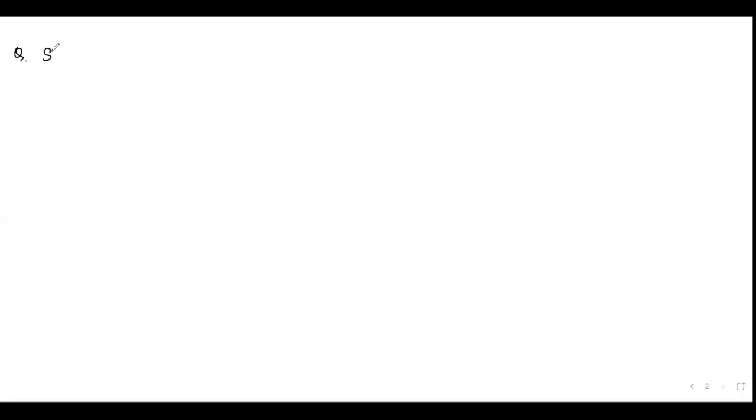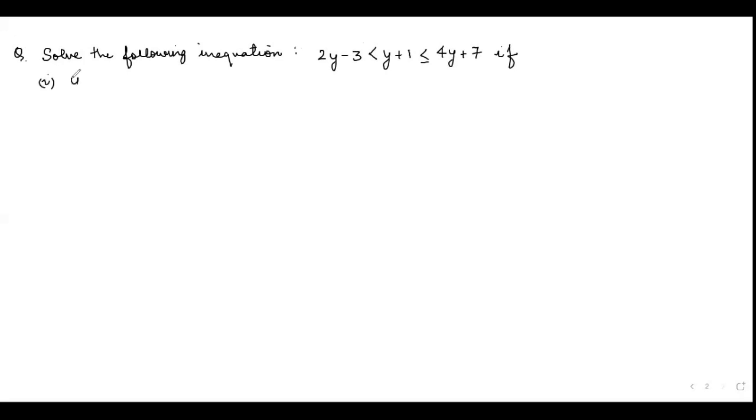Solve the following inequation. Write down. 2y minus 3 less than y plus 1 less than or equal to 4y plus 7, if number 1, y belongs to I. I means integers.